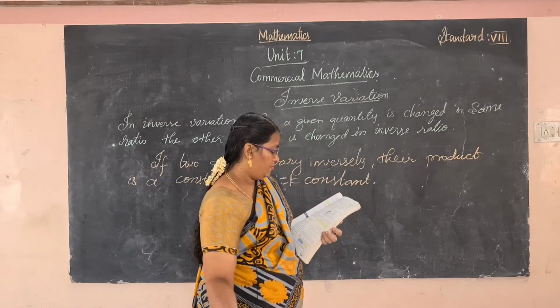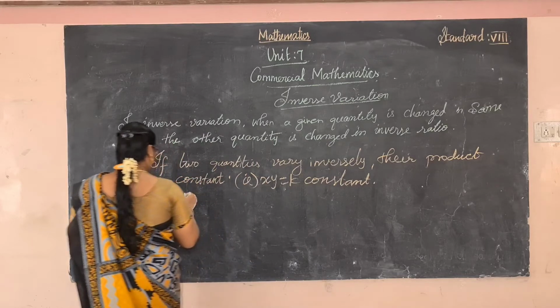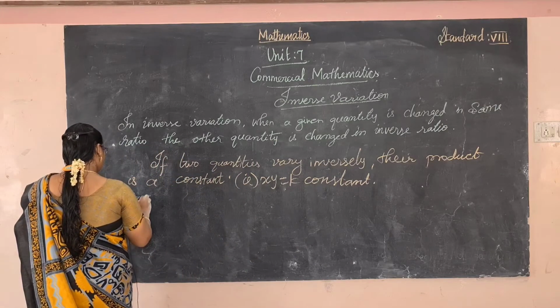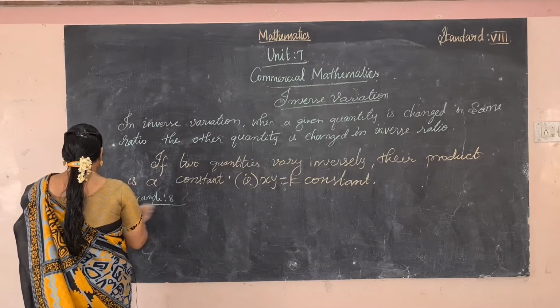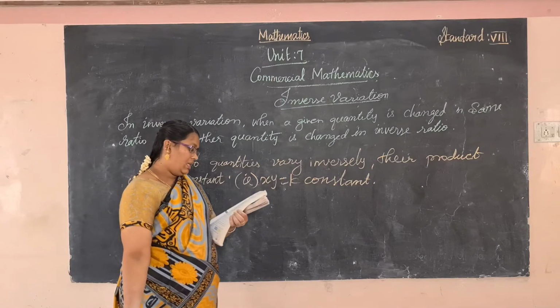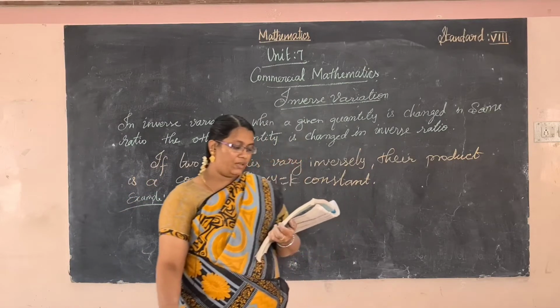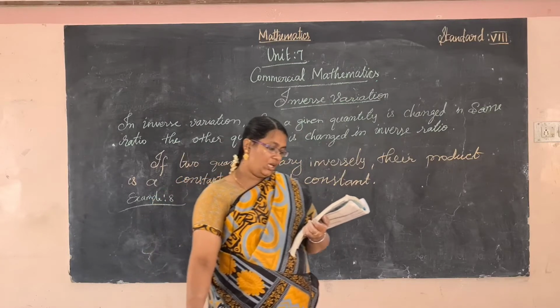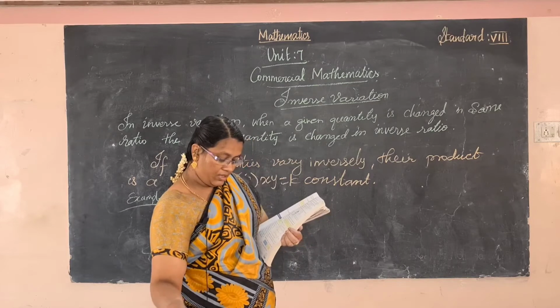Example 8. If A and B vary inversely, then find the values of the missing numbers in the following table. Here one table is given.